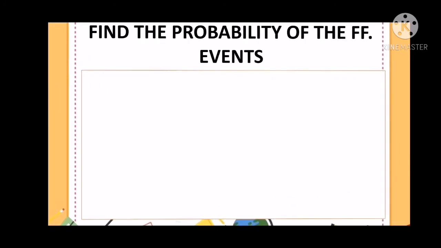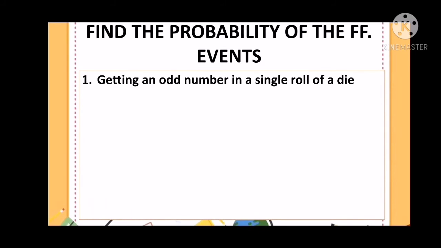For the first example, getting an odd number in a single roll of a die. The first thing to do is determine the number of possible outcomes. Since our variable is a single roll of a die, ano ba yung mga possible na pwedeng lumabas sa single roll of a die? Nandyan yung 1, 2, 3, 4, 5, and 6.